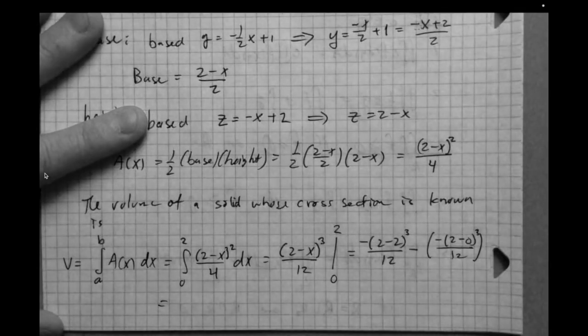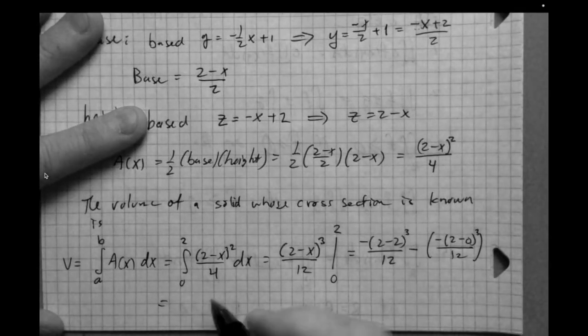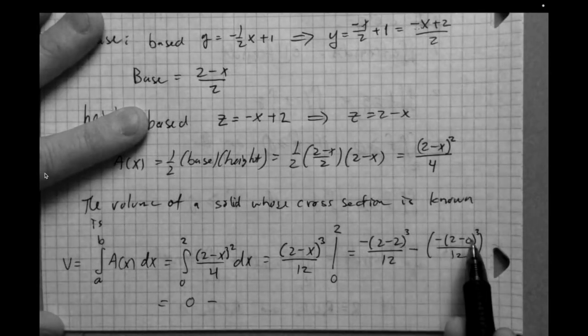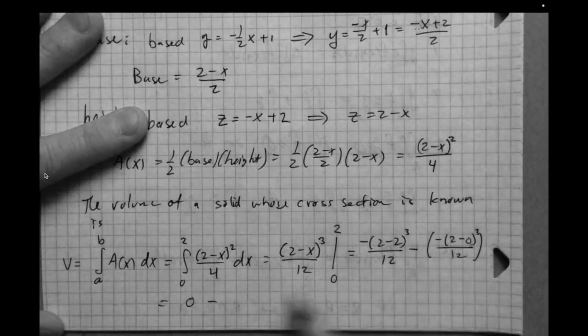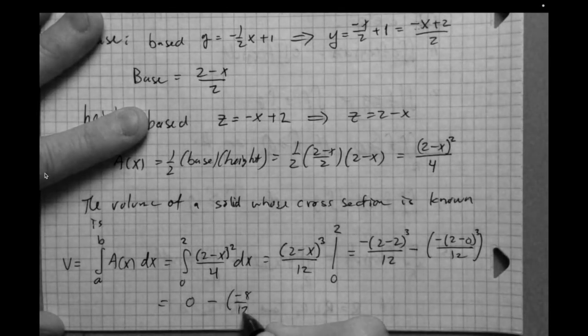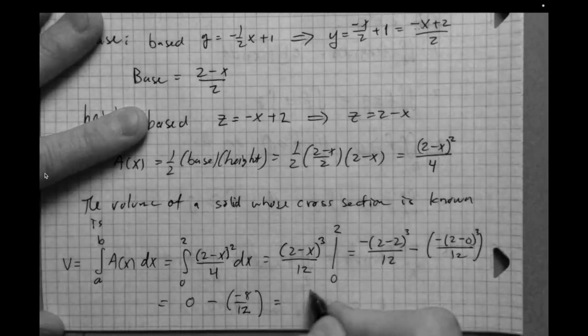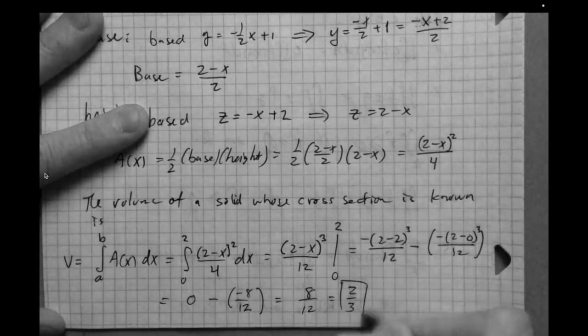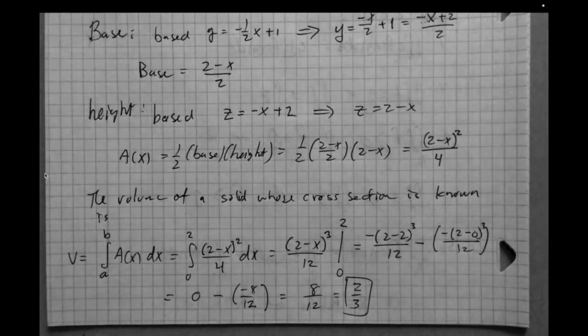This is 0, minus, and 2 cubed is 8, so negative 8 over 12. So you get 8 over 12, otherwise known as 2/3. So the volume here would be precisely 2/3.